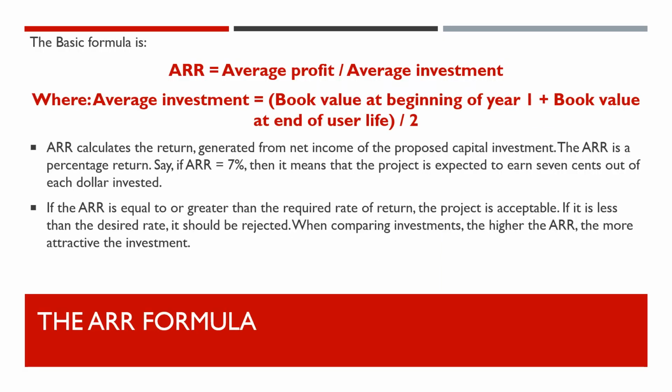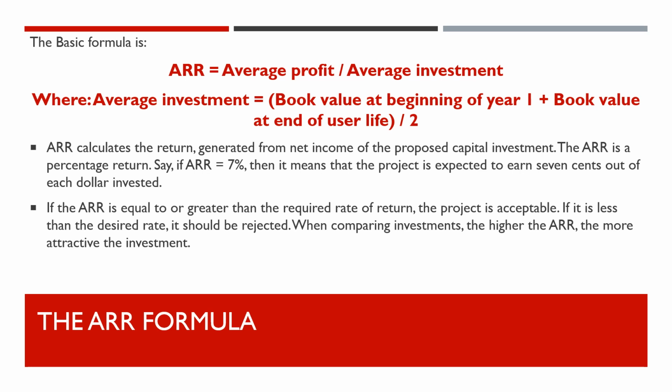The basic formula for calculating the average rate of return is ARR equals the average profit divided by the average investment, where the average investment equals the book value at the beginning of year 1 plus the book value at the end of useful life, divided by 2. ARR calculates the return generated from net income of the proposed capital investment.